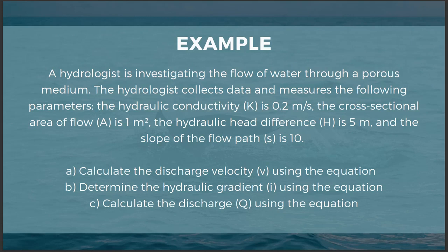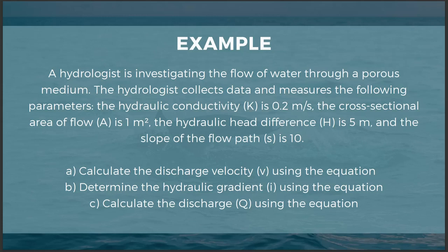So, slope is equal to rise over run. We have a rise of 5 and a slope of 10. So, 10 is equal to 5 over run. So 10 is equal to 5 over x.